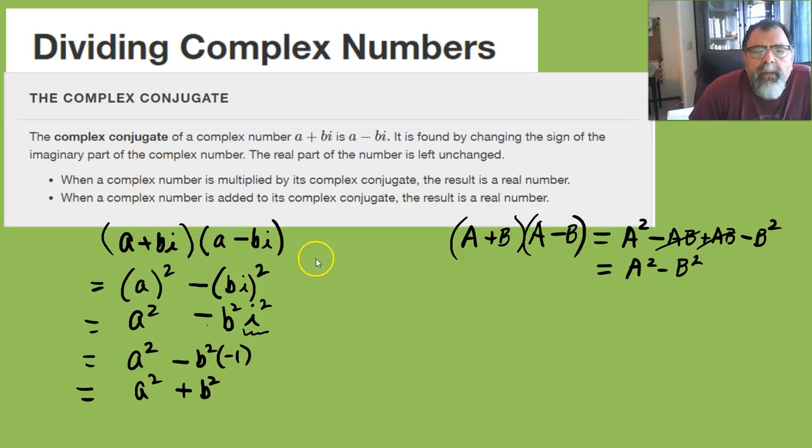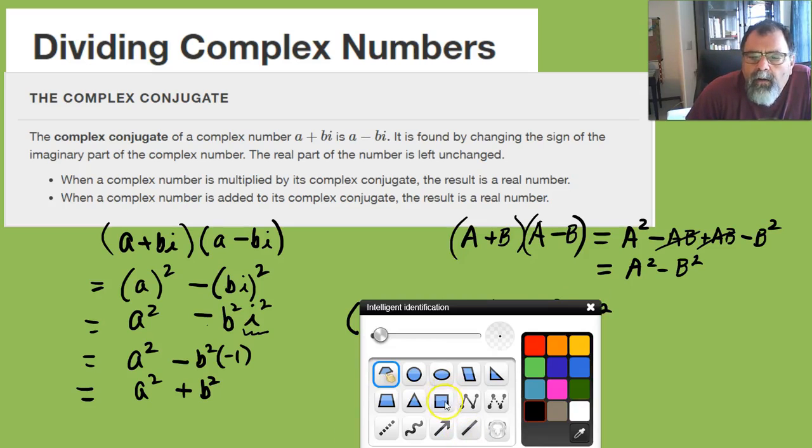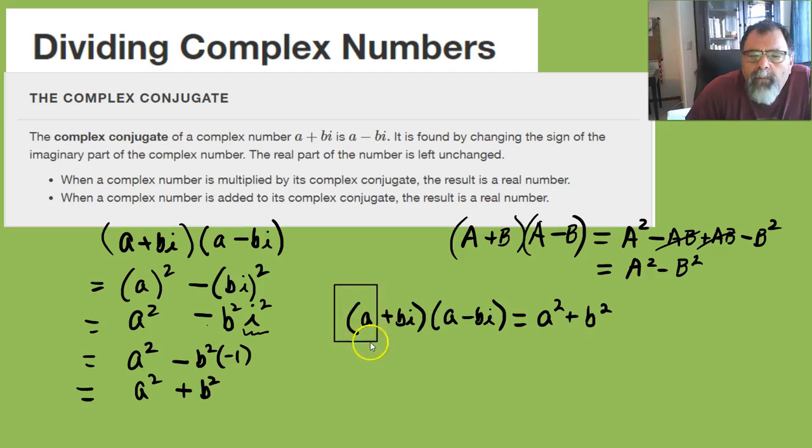So that's going to be a shortcut. We cut out all the work in the middle, and we memorize that a plus bi times a minus bi is going to be a squared plus b squared. Okay, so that's an important concept. We want to memorize that one.